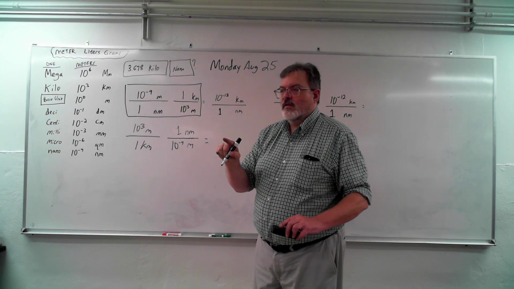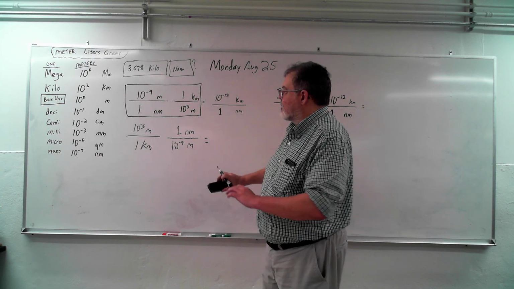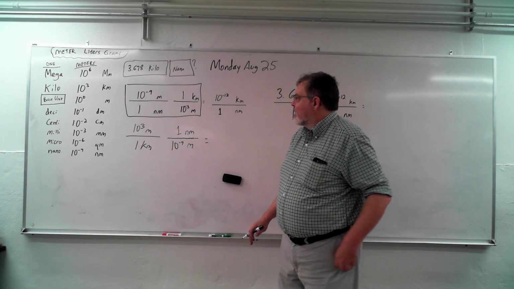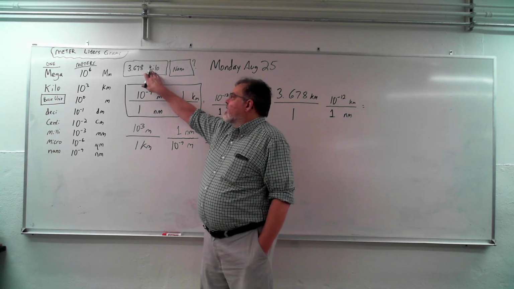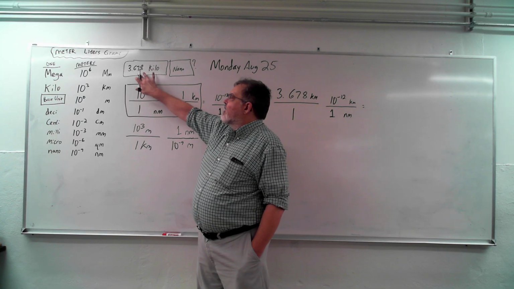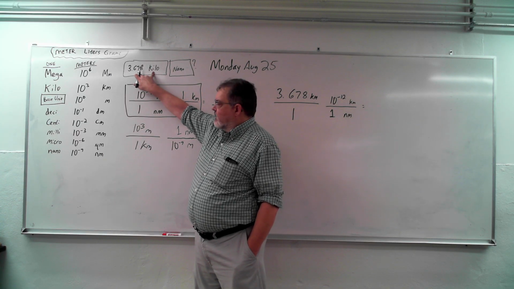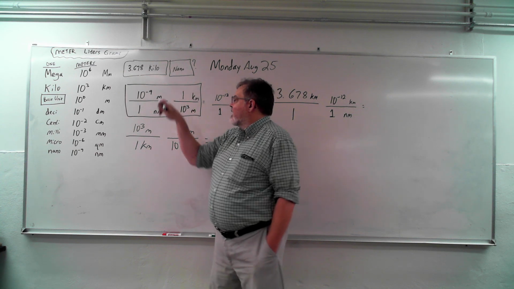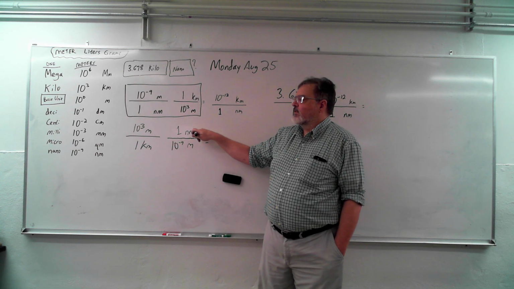Okay, what did you ask? I was asking, why would you start with kilometers on the bottom instead of the top? I'm confused why it doesn't go with the cap. Kilometers has to cancel, and I haven't introduced this yet. So the kilometers has to be on the bottom. And we're converting to nano, so nano needs to be on top.